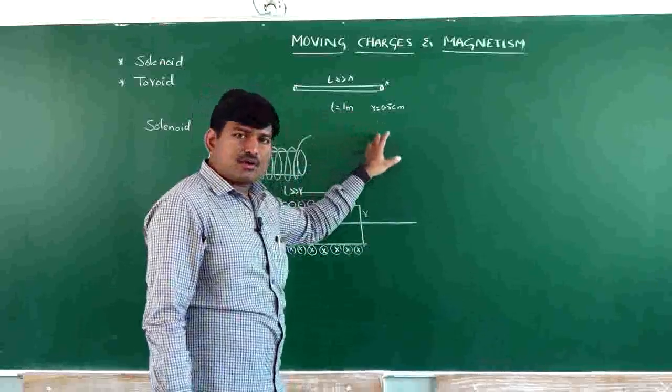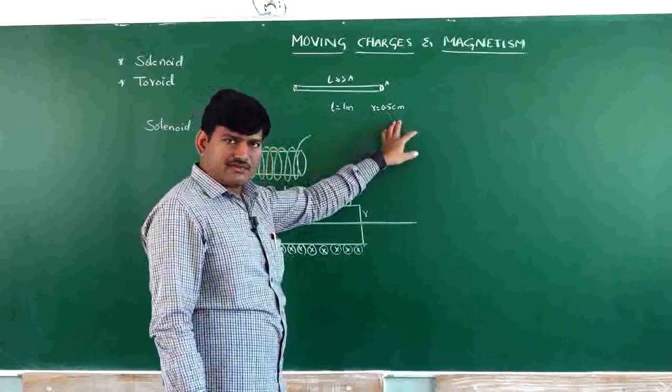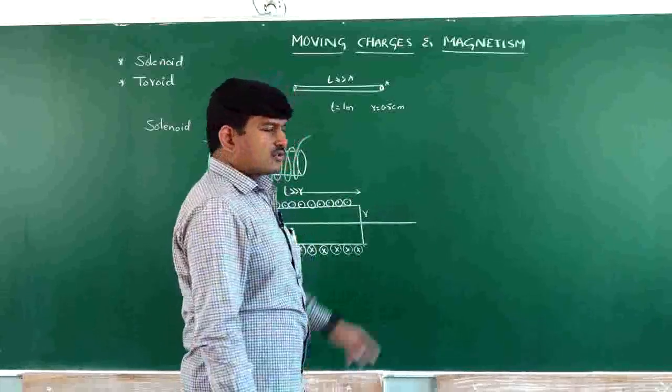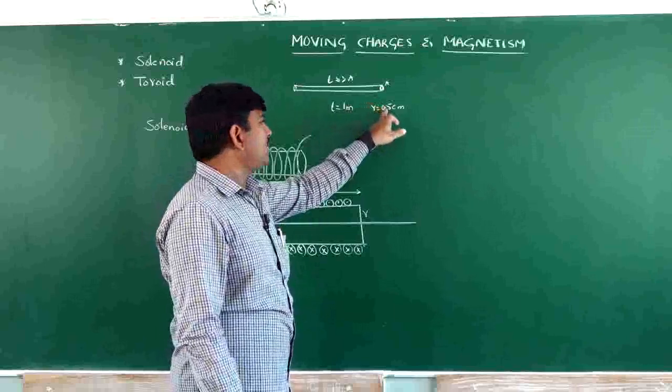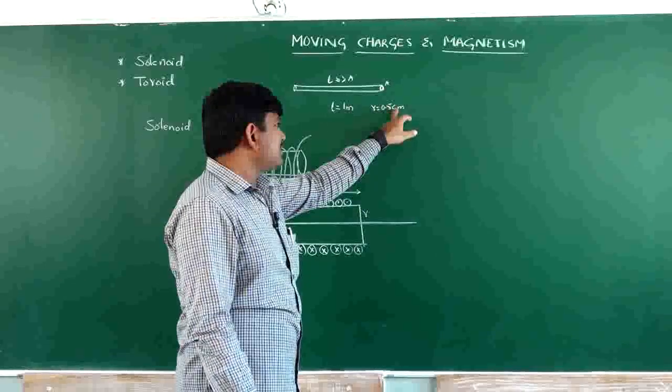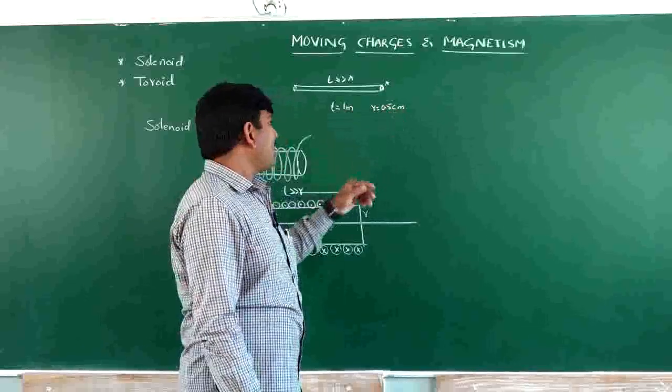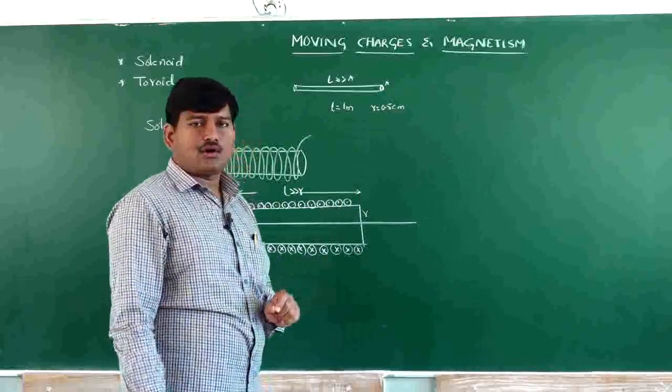Whenever the length of the solenoid is very large compared with its radius of cross section, I can treat it to be an infinite long solenoid. So 1 meter is far greater than 0.5 centimeter. This is in centimeter, this is in meter, and this is very large compared with this one. Therefore, I can treat it to be an infinite long solenoid.